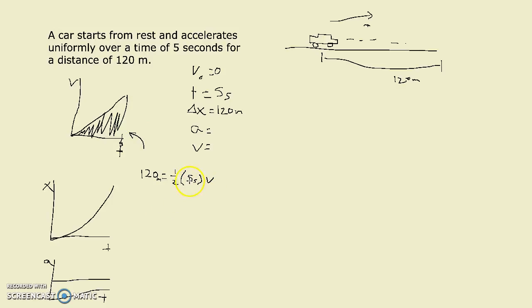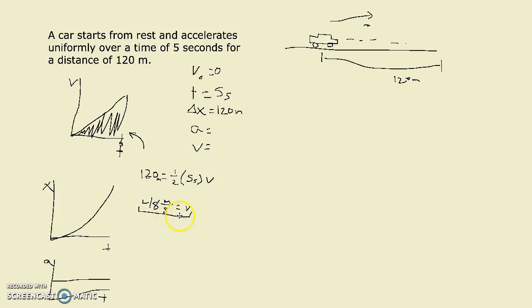If we solve this for v, we divide over the 5, multiply by 2, and we're going to get units of meters per second for our velocity. We'll work this out. So 240 divided by 5 would be 48 meters per second for our final velocity.